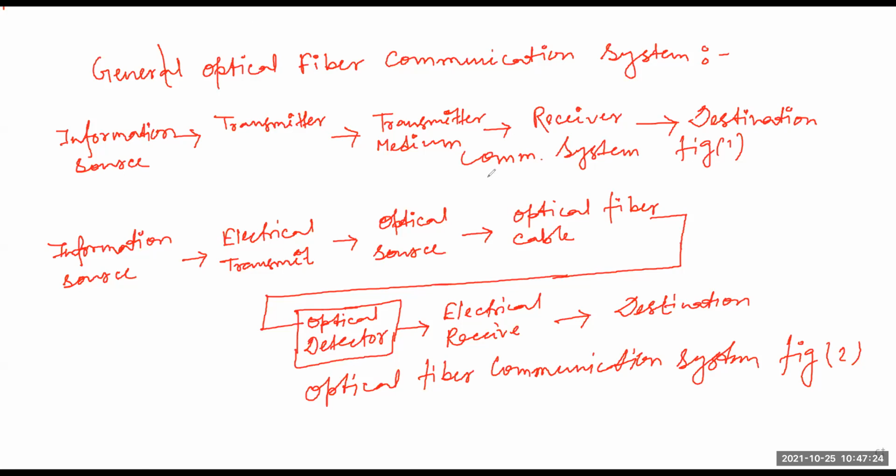Here is the optical fiber cable, which is the transmission medium. The transmission medium mainly consists of an optical fiber cable, and the receiver consists of an optical detector.